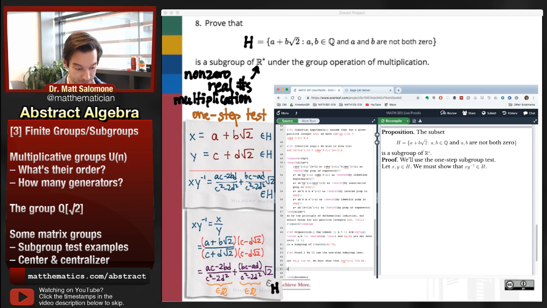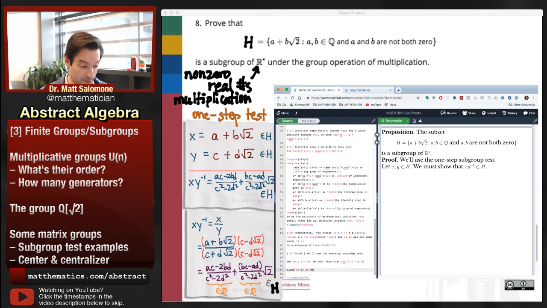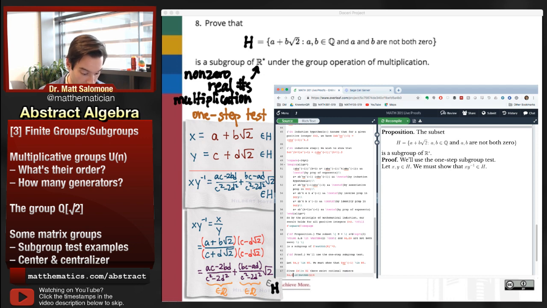Okay, since x belongs to H, we have that x is equal to, looking over at my napkin, A plus B radical 2. So since x belongs to H, there exist rational numbers A and B such that x is equal to A plus B radical 2.